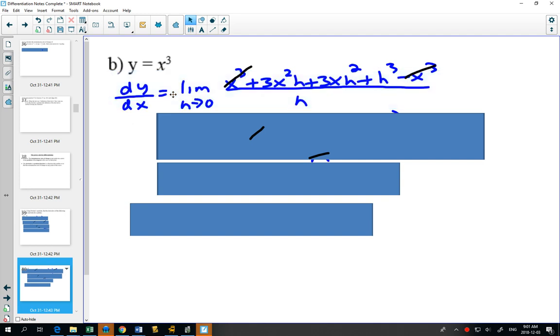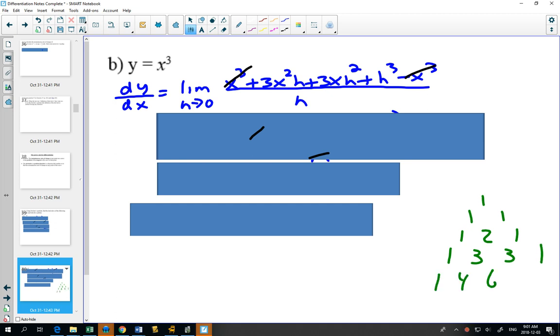X cubed. So now the x plus h cubed expanding is a little bit more involved, but you could do it fairly quickly. Remember how to use Pascal's triangle for expanding things? In this case, the 1, 3, 3, 1 shows up when expanding x plus h cubed.